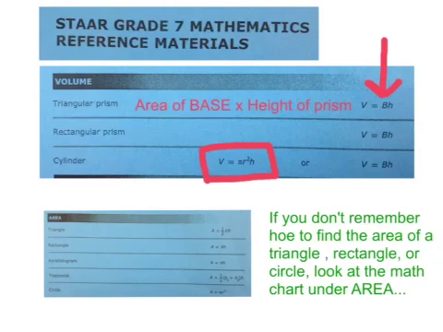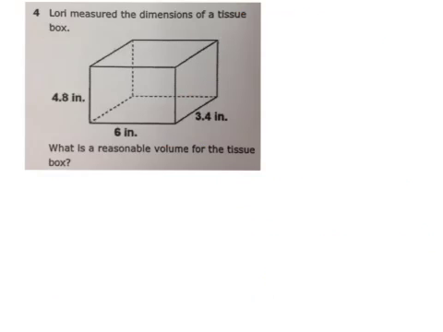Let's check out a couple examples so that it can help you with your homework. Here's an example finding the volume of a rectangular prism. There's a couple things you need to keep in mind. When working out a volume answer, the first thing you want to do is identify the base.